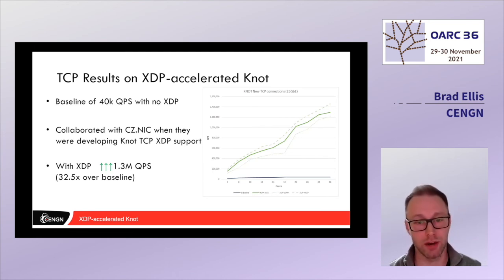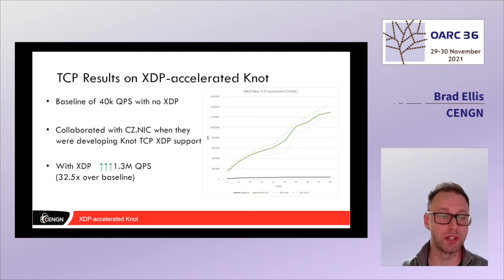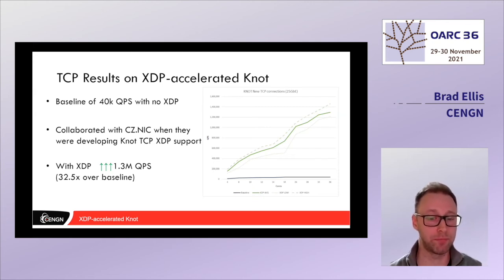And I don't want to overstate how much we worked with them, but they were a great group to work with, always answering questions. We did what we could to test new features, new config changes, file bugs if we found them. And towards the end, once everything was working, we actually achieved a maximum of 1.3 million queries per second with TCP. Like 32 times our baseline.